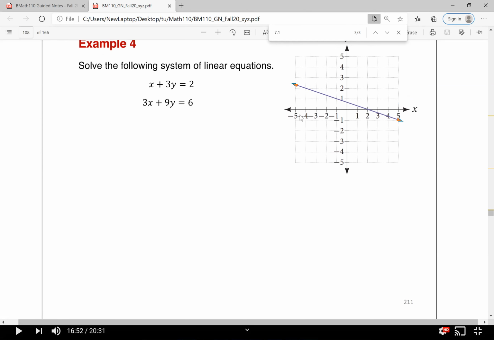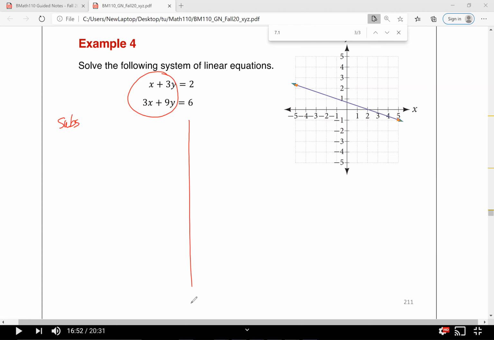Okay. Again, we want to solve the following system of linear equations. I will show you by substitution first, and later on I'm going to show you by elimination, because both variables are on the left hand side of the equations, so I can still use elimination. But I'll show you later. Okay?